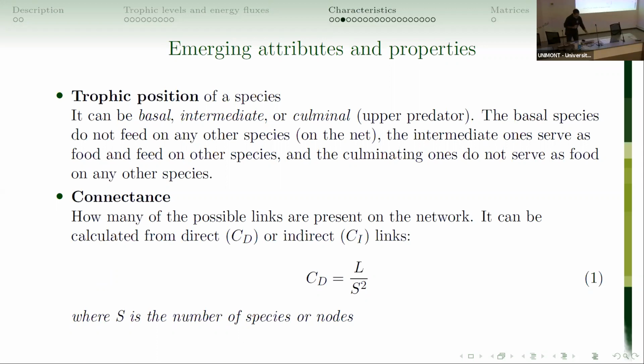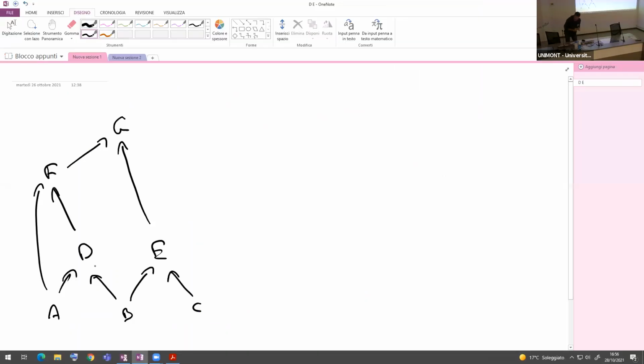For example, in my food web here, what would be the connectance? We have 7 species, 1, 2, 3, 4, 5, 6, 7. And the links: 1, 2, 3, 4, 5, 6, 7, 8.